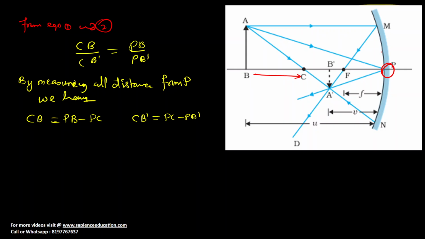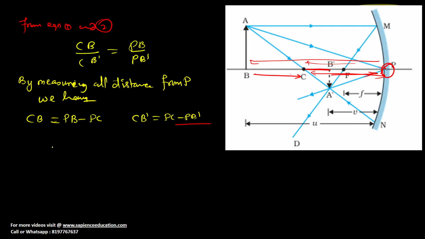This length will be equal to whole PB minus this one PC. CB dash can be written as this whole length, that is PC minus PB dash. So this we have written, right?